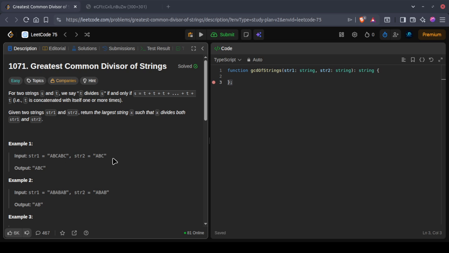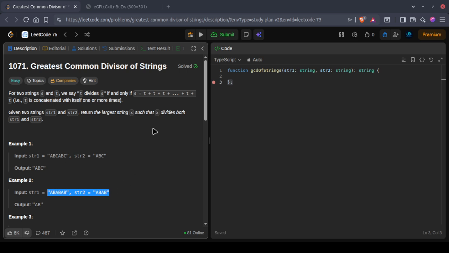Your answer is ABC. And in example 2, what is the smallest piece that builds both strings? You would definitely say AB. AB is the smallest piece that builds both strings, string 1 and string 2, right?